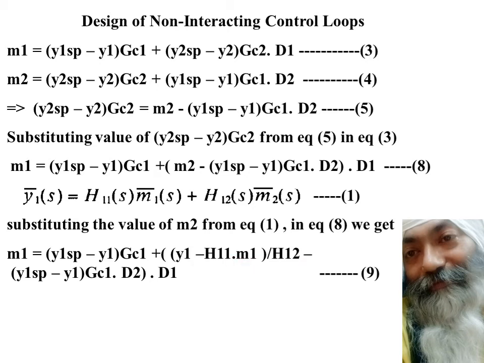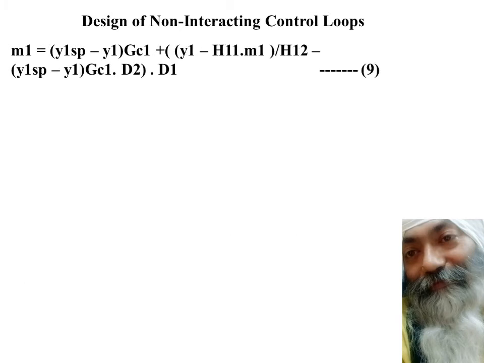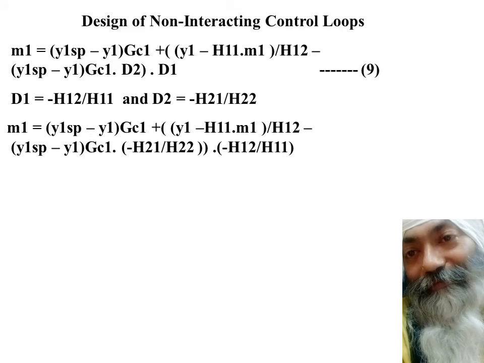Now here comes the best part, wherein I have the values of d2 and d1, and we know what the values of d2 and d1 are. These values of d2 and d1 I'll be putting in equation number 9, and let us see what happens thereafter. Equation number 9, this is the value of d1 and d2. I put the value of d1 and d2 in equation number 9. I get this equation, in which I have simply substituted the value of d1 and d2.